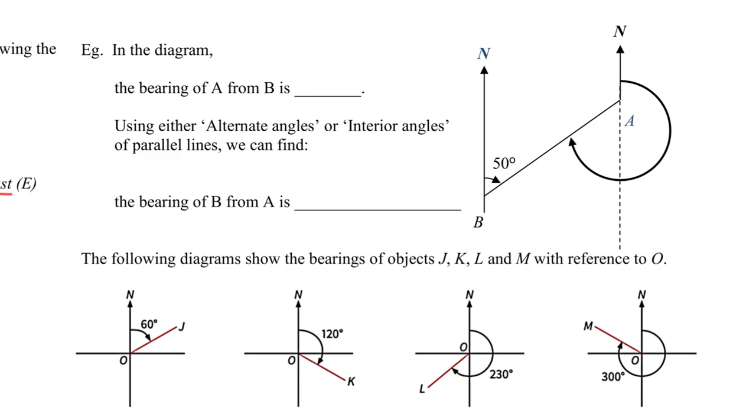In this diagram, the bearing of A from B. This is important, because this tells us where to draw the north arrow. From B. So B is where we are going to draw the north arrow, and we are going to measure in clockwise direction. That's why you see the arrow is going clockwise.